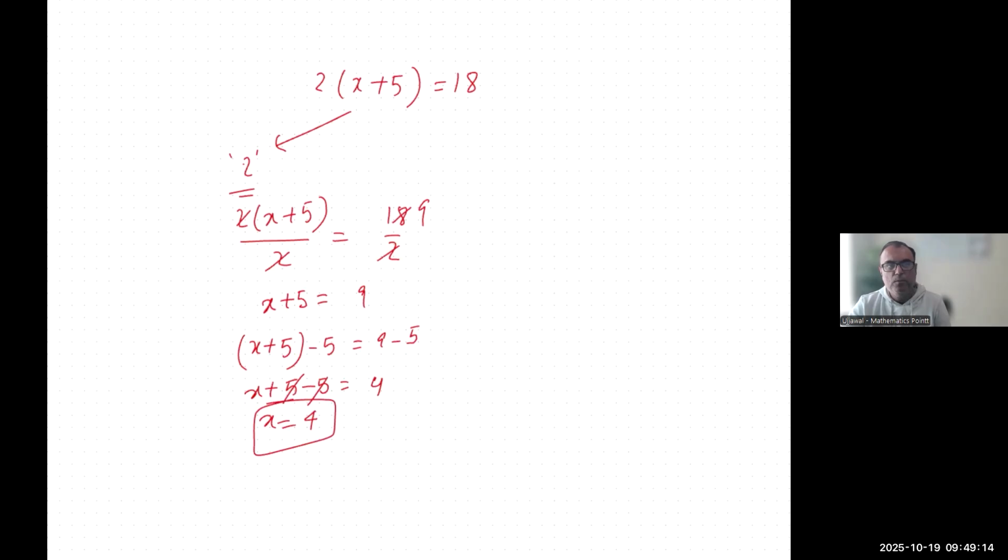Another way, let's do the distributive law and open the bracket up. Multiply, 2x plus 10 equals 18. Now you've got a choice. You can get rid of the 2, you can get rid of the 18, up to you. The easiest is to get rid of 10 first.